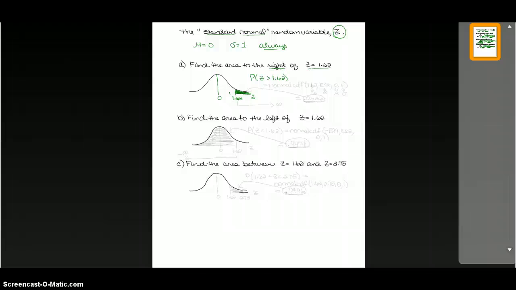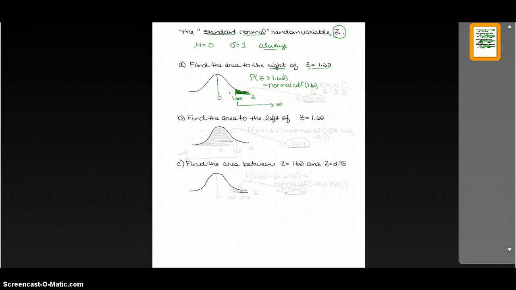So anytime we want area on a normal curve, we're going to use our calculator function that is normal CDF. What we put in first is the lower bound of the area that we want. This is where the area starts, and it goes to infinity on the right. It will go forever. So my lower bound is 1.62.